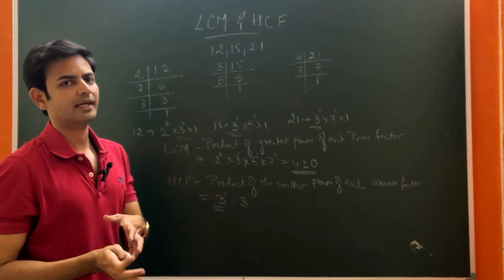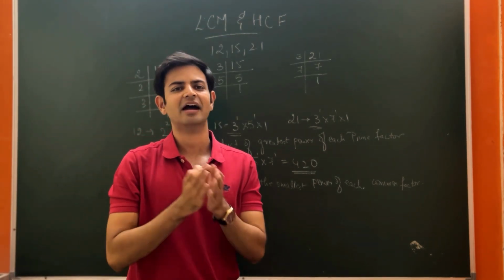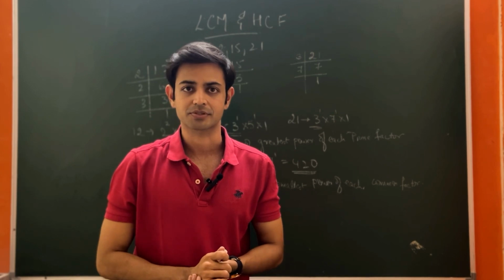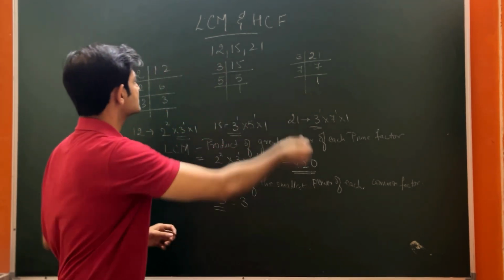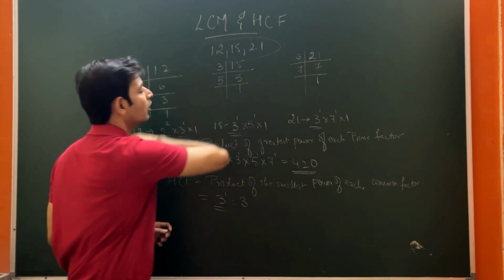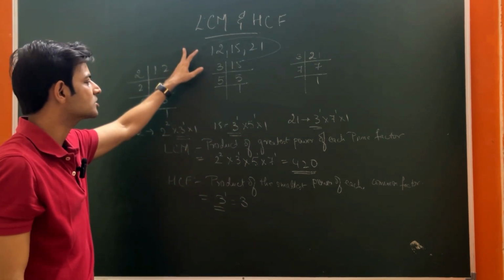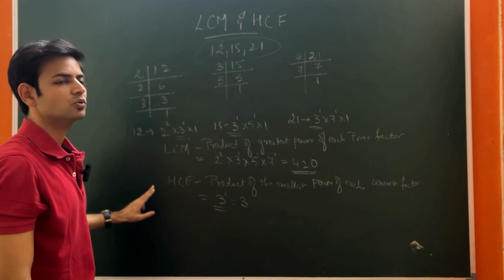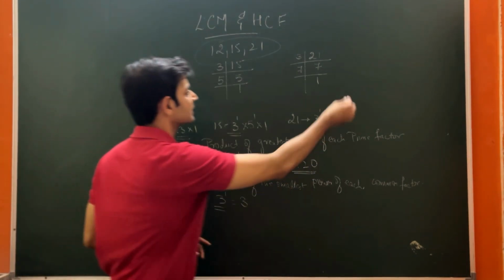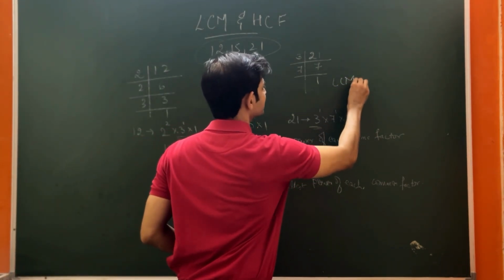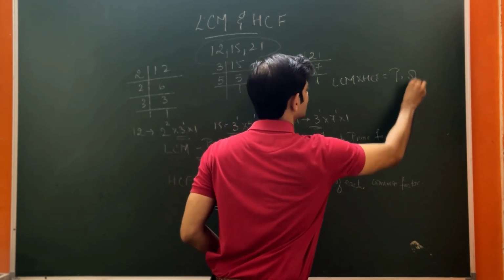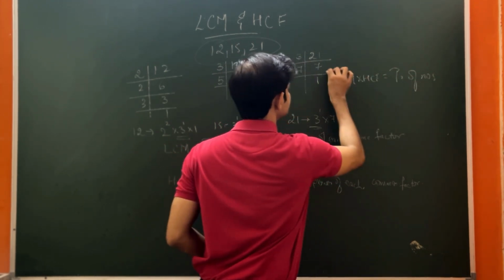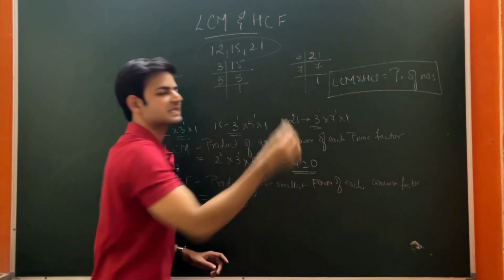In this way you can calculate HCF and LCM of given numbers. Remember one thing, the product of the numbers will be equal to HCF into LCM. So remember, LCM into HCF will be equal to the product of numbers. This is a very important result.